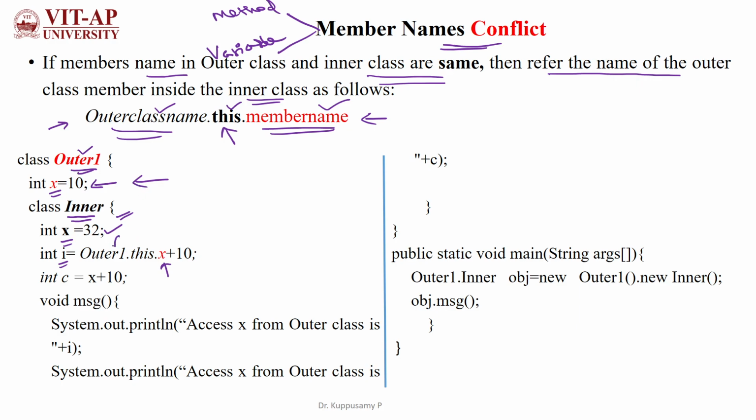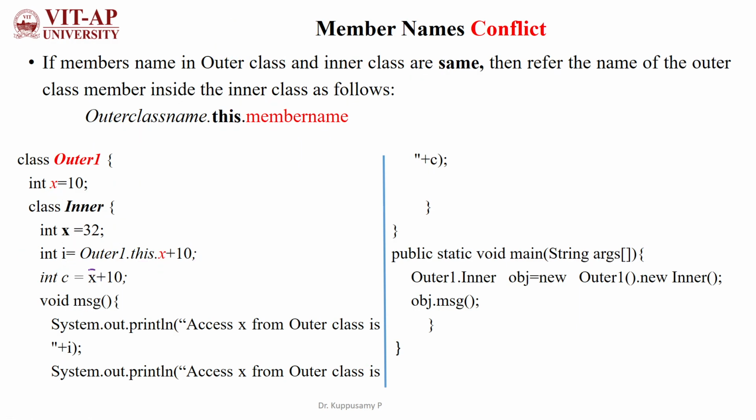By using the outer class name, this keyword, then the variable which is declared in the outer class, plus I am adding some value for my reference. Then I am creating one more variable c. This x is representing the variable declared inside the inner class, because x is defined two times.